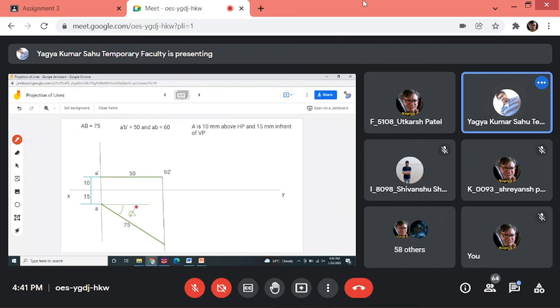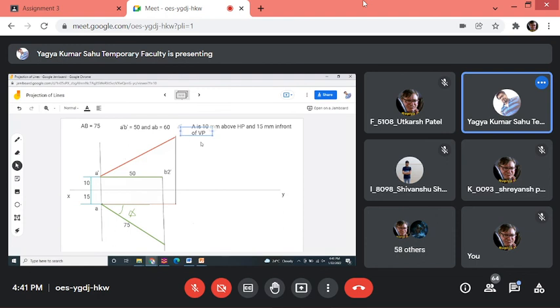Next, draw AB1 as a straight line parallel to XY, 60 mm. Now draw a projector line at this particular point and draw the true length 75 mm. Here also you'll get, यहाँ क्या मिलेगा?